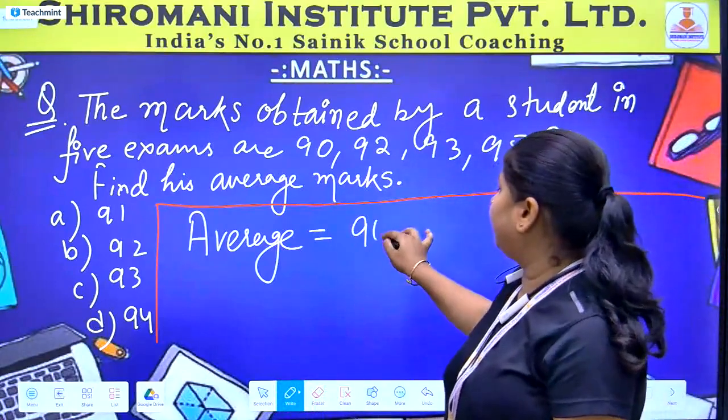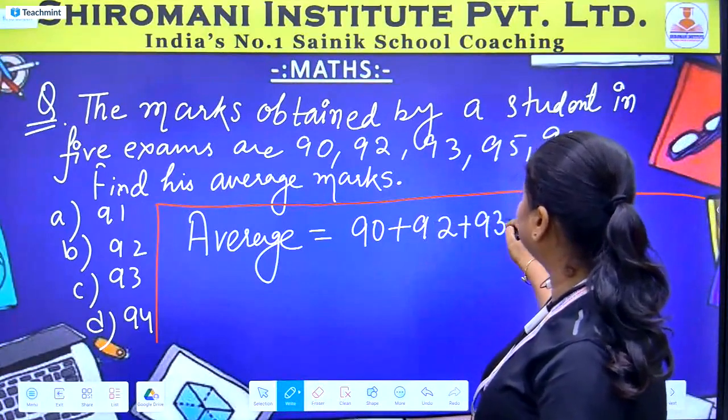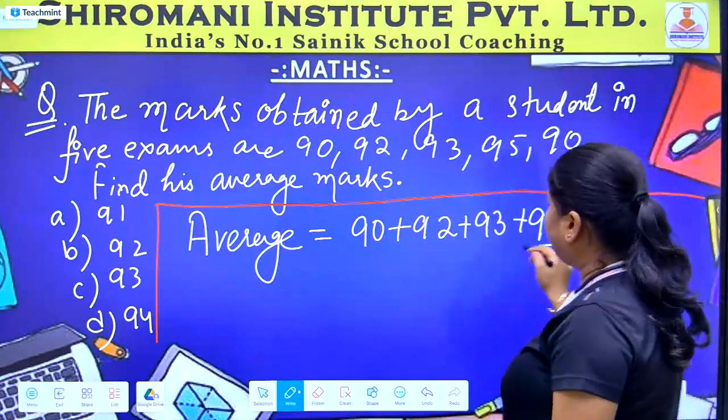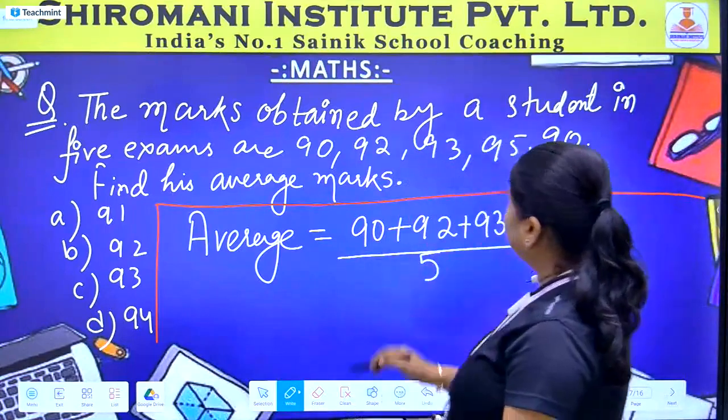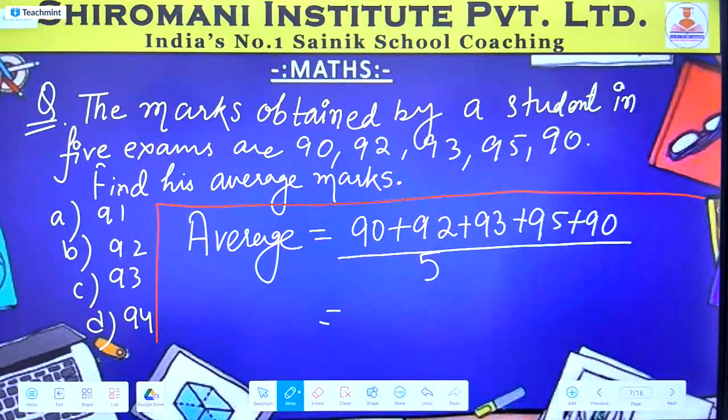So my observations are 90 plus 92 plus 93 plus 95 and 90, and upon 5, because in total there are 5 subjects. Now you can simply add 90 plus 92 plus 93 plus 95 plus 90. You will get 460.